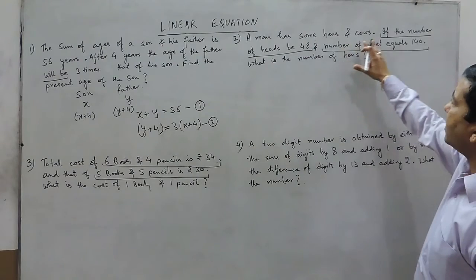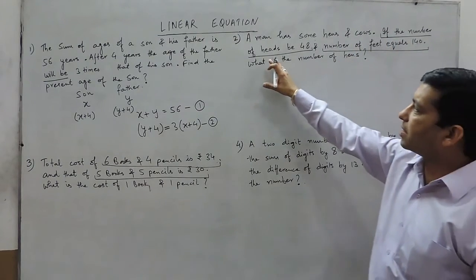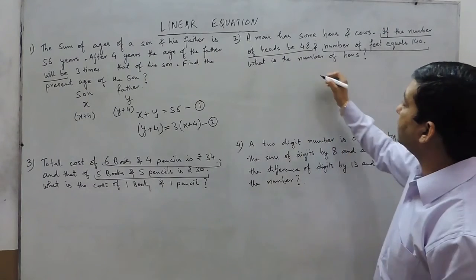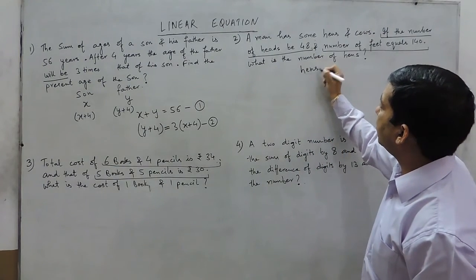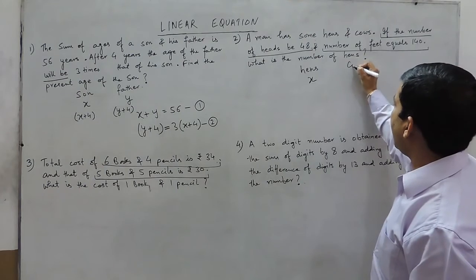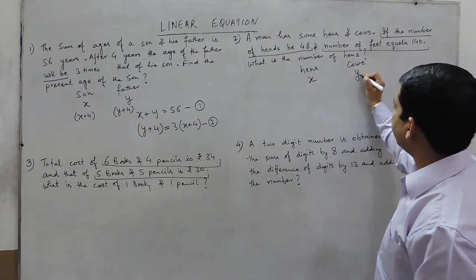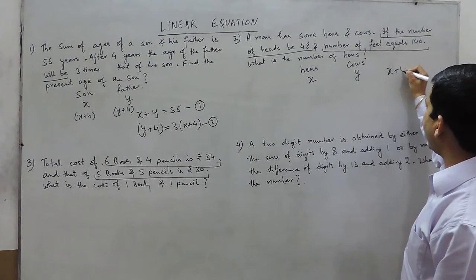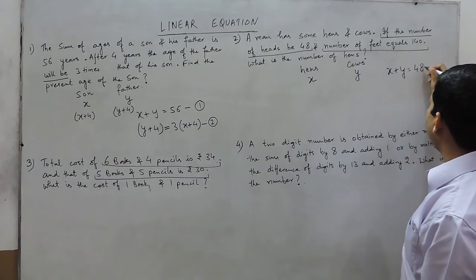Here a man has some hens and cows. If the number of heads be 48, we know every hen and every cow has one head. If the number of hens is x and the number of cows is y, the number of heads is 48. That means x plus y is equal to 48. This is the first equation.